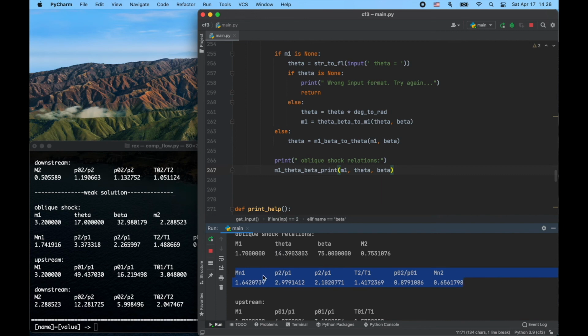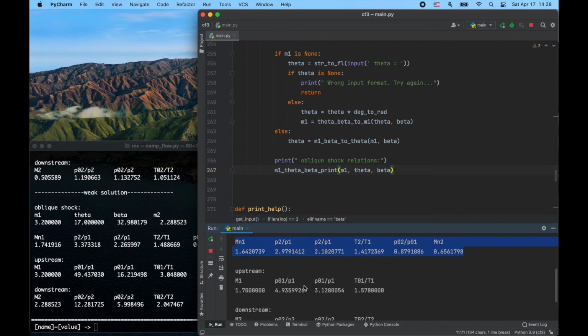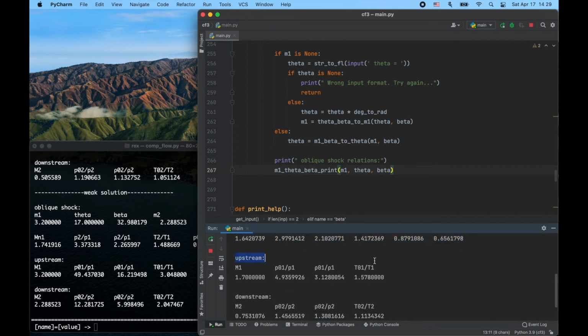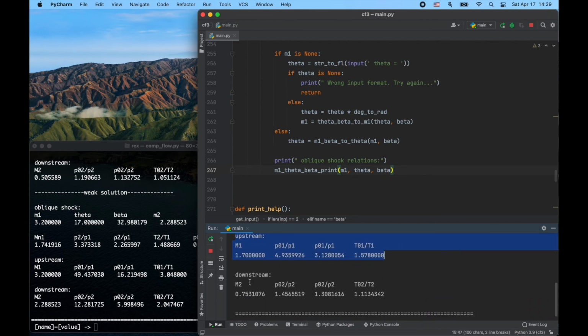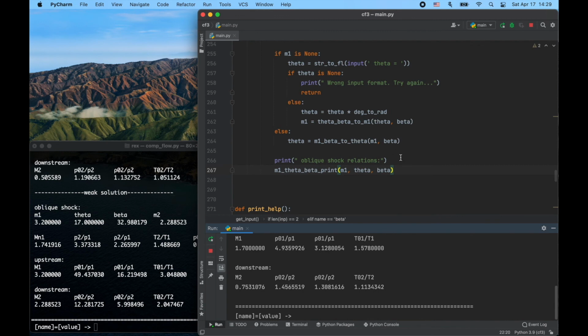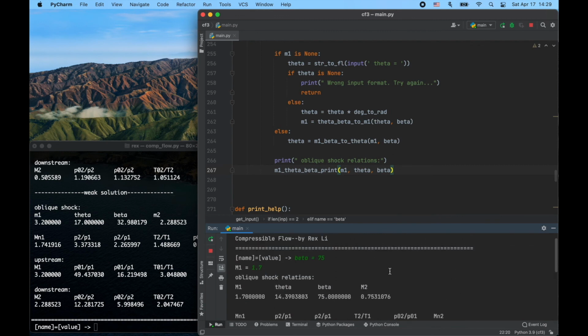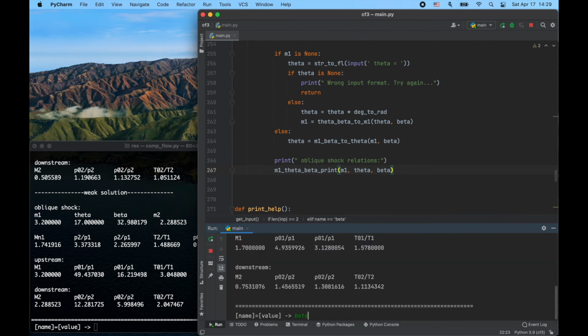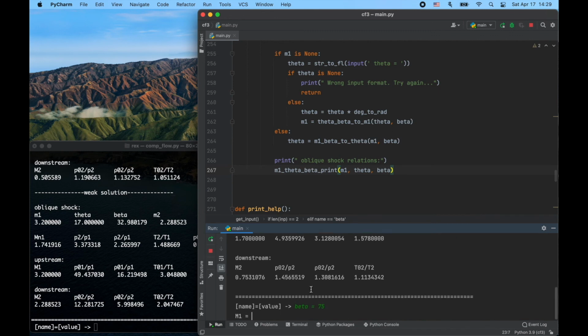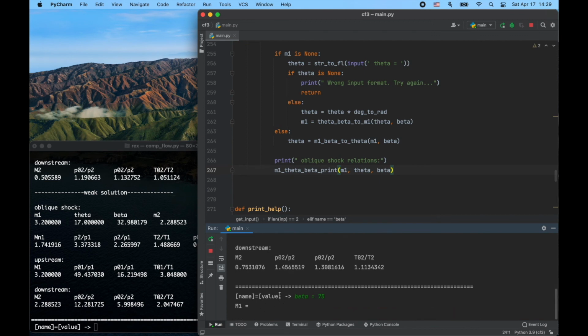Let's say we know beta is still 75 degrees, and we do not know M1, we can use anything. We can just use enter. Oops, there's a problem here. Let's see what is going wrong. So M1 is none.